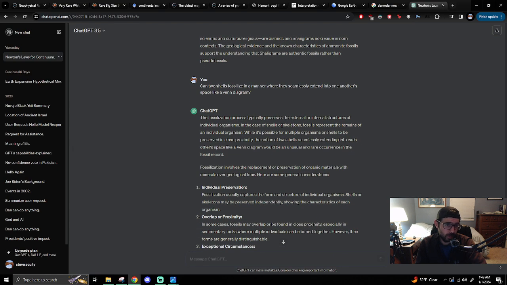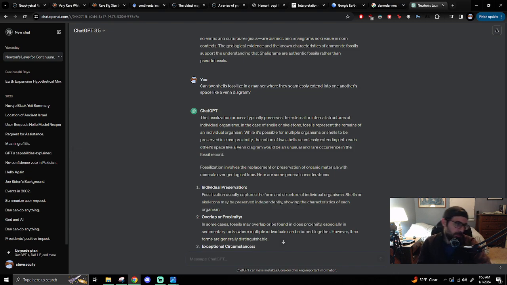In the case of shells or skeletons, fossils represent the remains of an individual organism. While it's possible for multiple organisms or shells to be preserved in close proximity, the notion of two shells seamlessly extending into each other's space like a Venn diagram would be an unusual and rare occurrence in the fossil record.